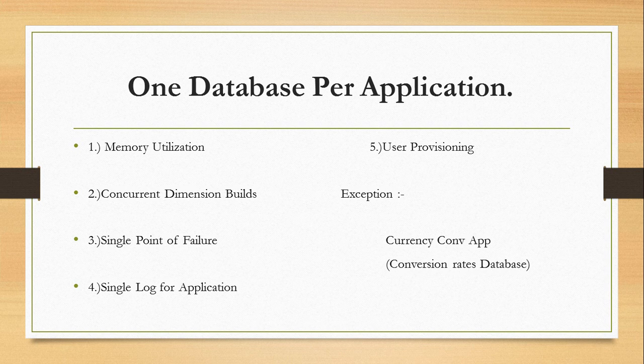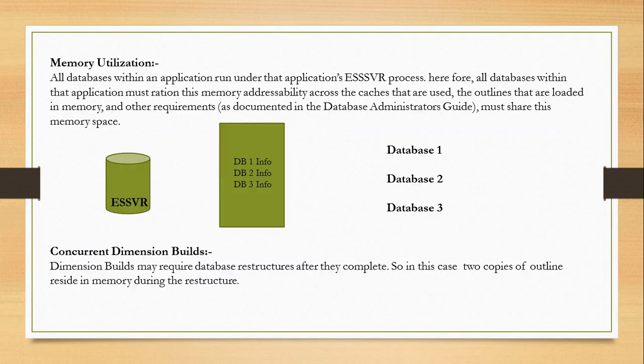If my application has a single database, then that single database will consume the caches being used by that SVR process. All databases within an application run under the application's SVR process.